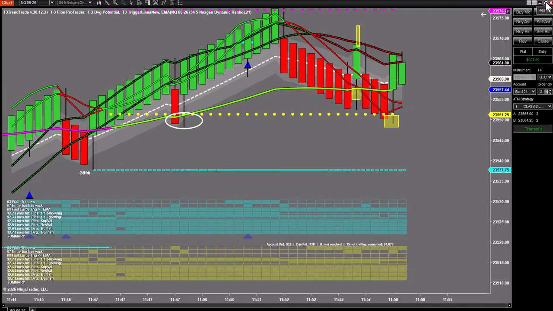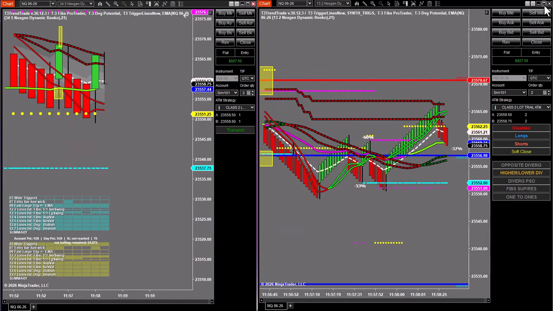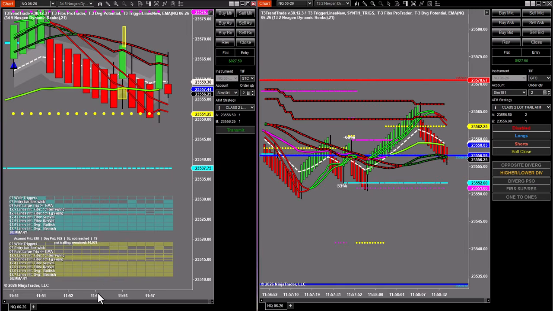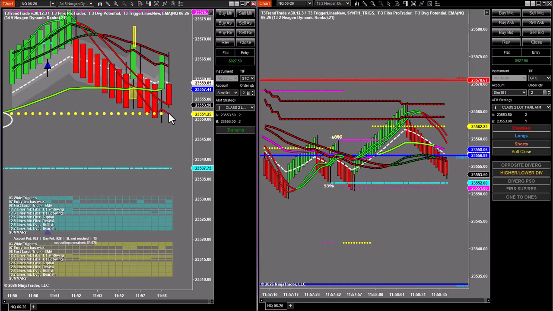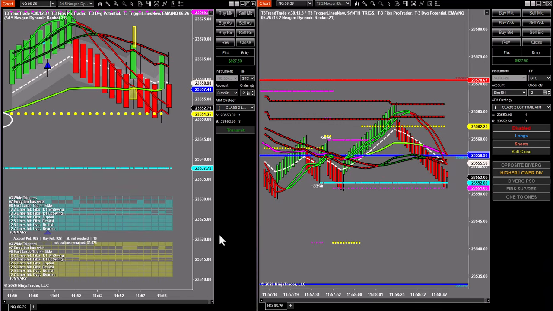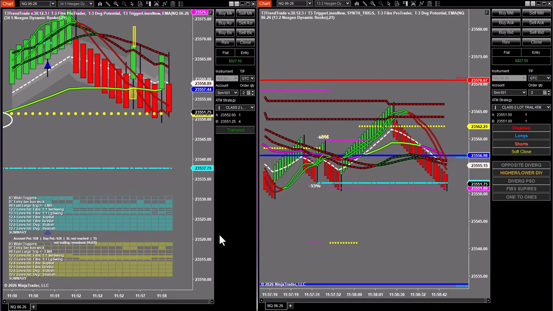Does that make sense? One of them I think is tradable, and one of them is a don't trade situation. Wait for it to break, which it may very well do. If we get a little more of a breakout here and a push down, it's going to take a little bit of work, but obviously short signals are the path of least resistance at the moment. We shall see.